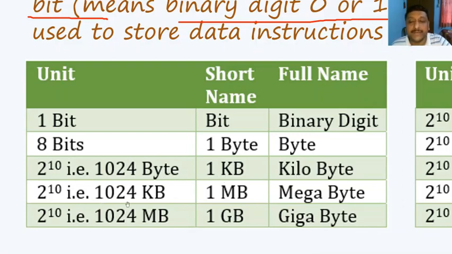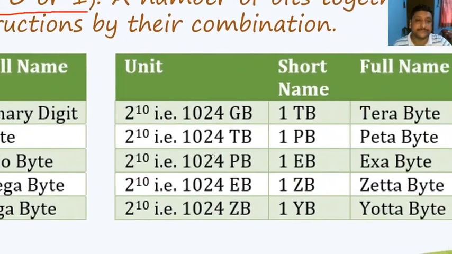And when we combine 1024 kilobytes, it becomes 1 megabyte. And when we combine 1024 megabytes, it becomes 1 gigabyte. Okay, now understood. 1 gigabyte equals how many bytes? If we break it into bytes, then 1 GB will be multiplied by 1024, then again multiplied by 1024, then it will become bytes.